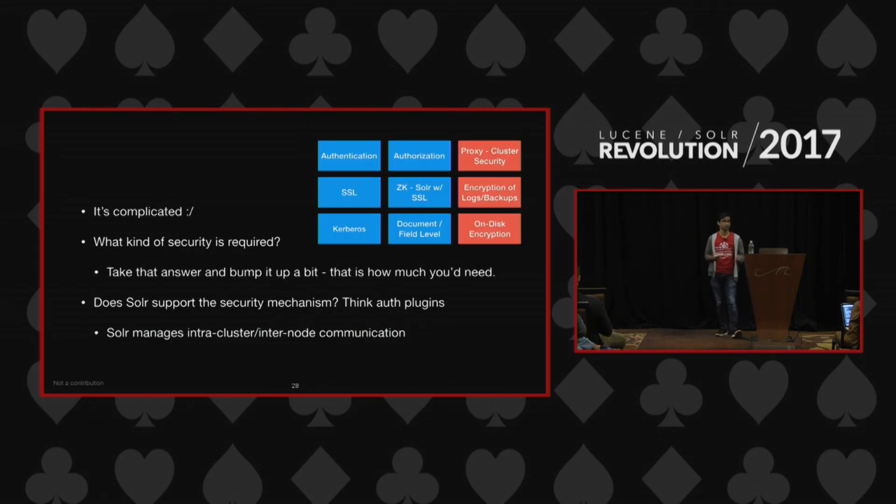Yeah, one more thing. Solr manages the intra-cluster or inter-node communication, so you generally wouldn't need to do anything about that unless you're using some funky different security mechanism. Solr makes it super easy to extend the existing security framework to use different third-party authentication and authorization platforms.